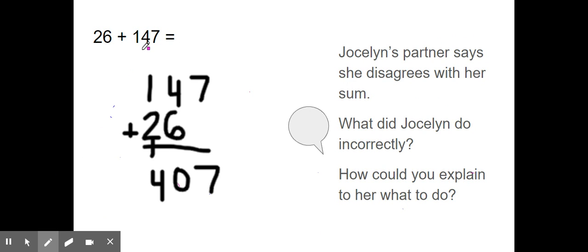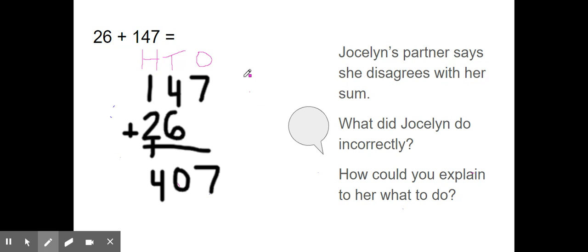When we write our numbers, we start with hundreds, and then we write tens, and then we write ones. She wrote 147 correctly, 1 hundred, 4 tens, and 7 ones. But the other number is 26. Does 26 have 2 hundreds and 6 tens? No, that would be 260.